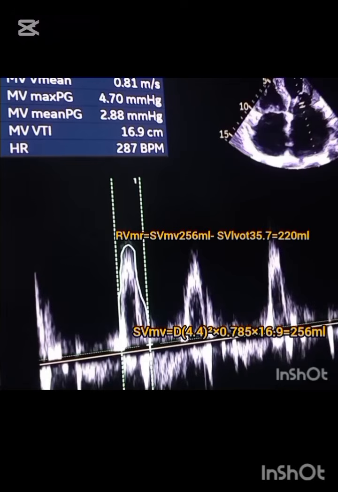the stroke volume of the mitral valve is 256 milliliter minus the stroke volume of the LVOT, which is 35.7 milliliter. So the regurgitant volume of the MR is equal to 220 milliliter in this case.